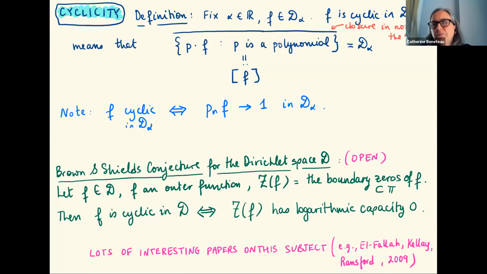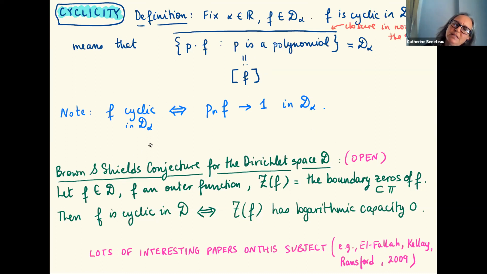He referred to it in terms of multipliers, but this is an equivalent definition. If I have a function in D_alpha, it's cyclic if its polynomial multiples, the closure of all of its polynomial multiples, the closure in the norm of the space gives you everything. Okay, so sometimes people use the square bracket notation to denote, it's essentially the smallest z invariant subspace generated by f. So this subspace generated by f, if it gives you the whole space, in some sense, f generates the space. f is called cyclic.